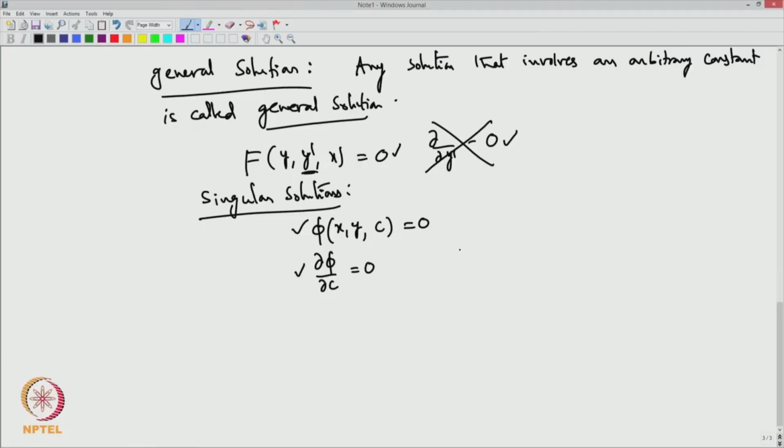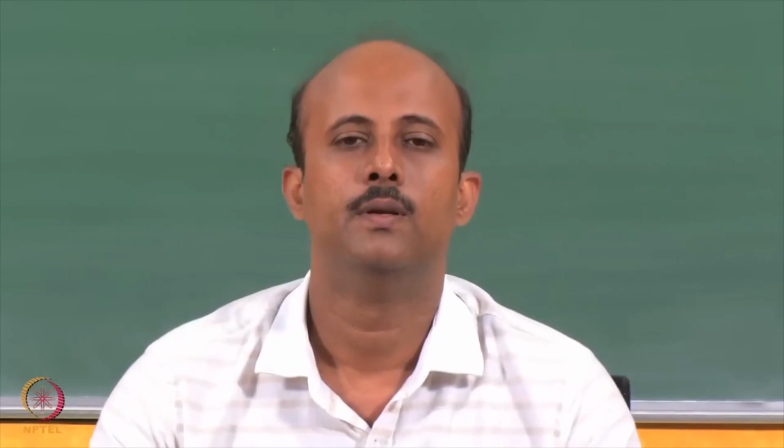If the envelope of φ(x, y, c) = 0, c arbitrary, exists, then you solve these together to get the singular solution. If you eliminate c, that will give you the singular solution.